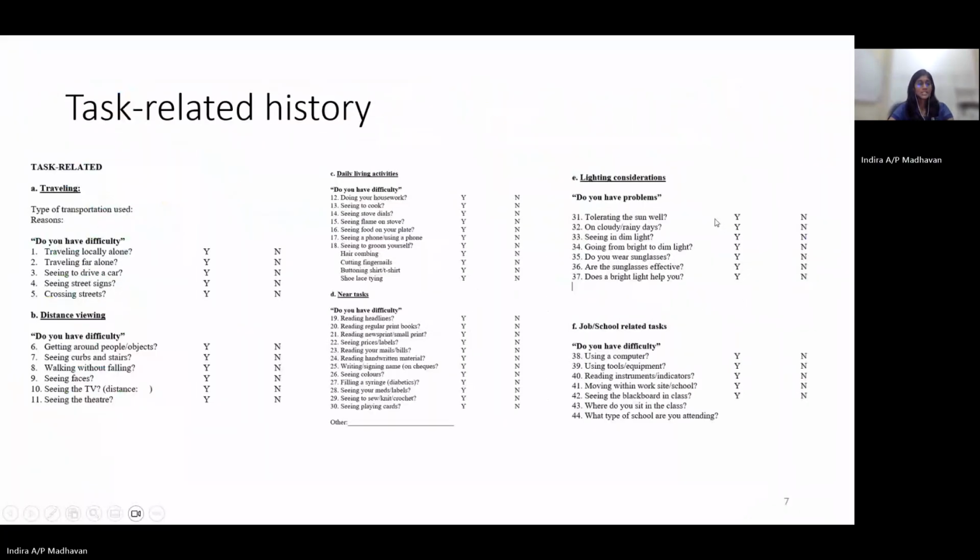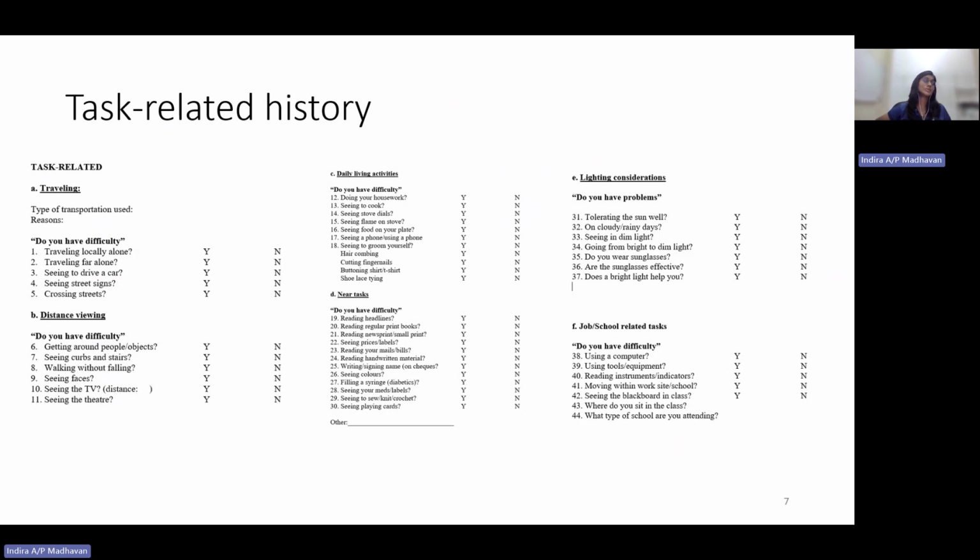Basically, as I mentioned, we ask the patient what they do from morning until they go to bed, and we want to know what problems they face since they started losing their vision. That should be the focus of the task related history.